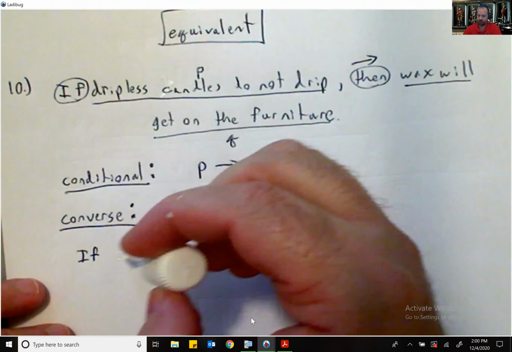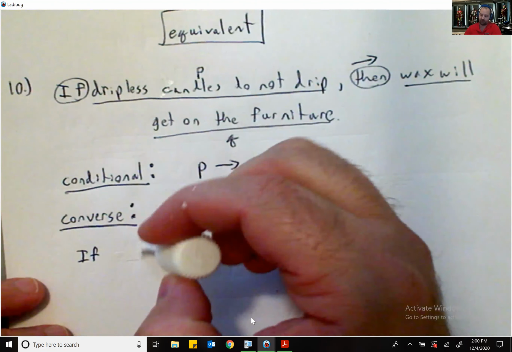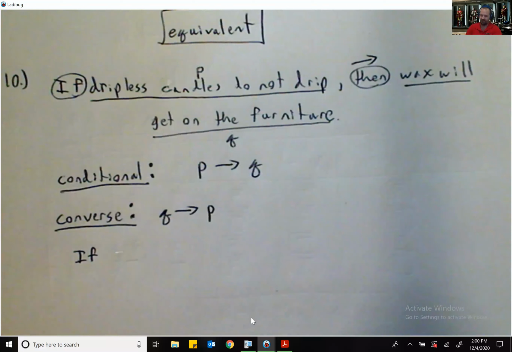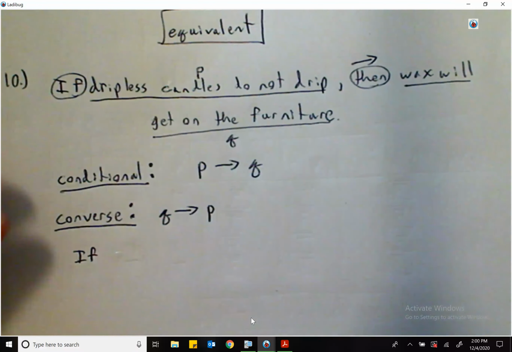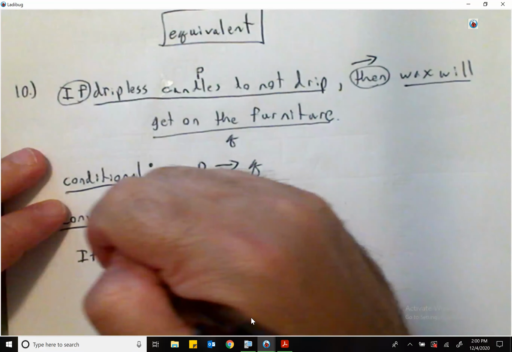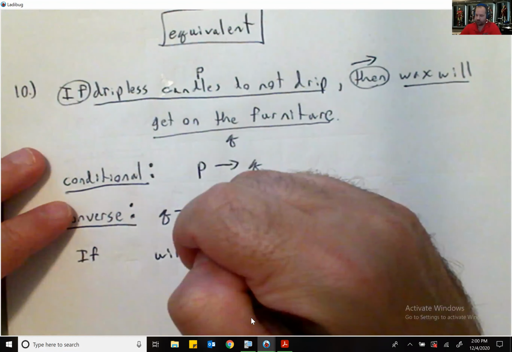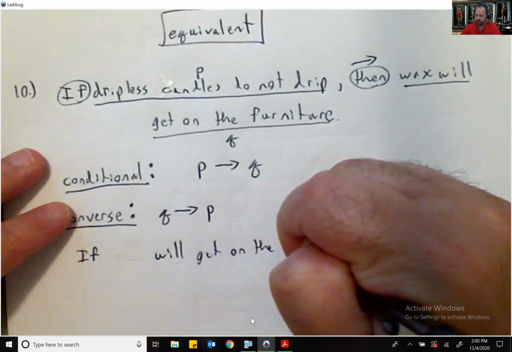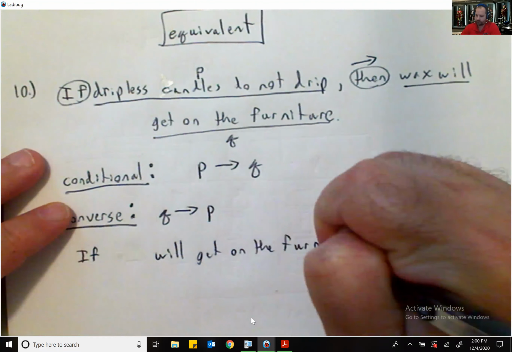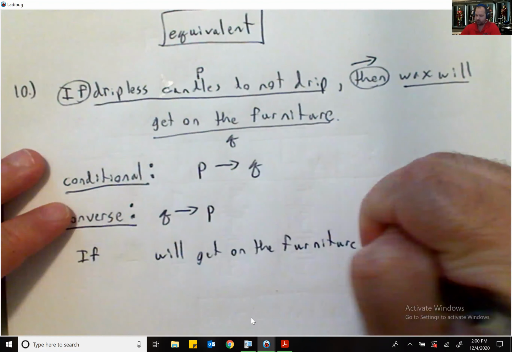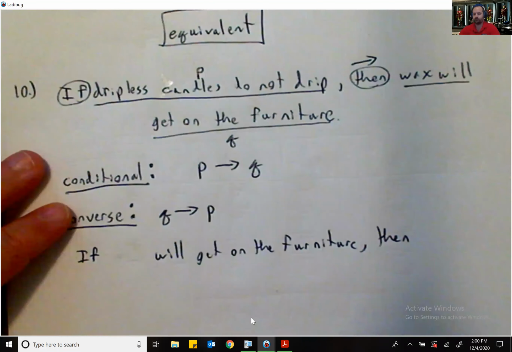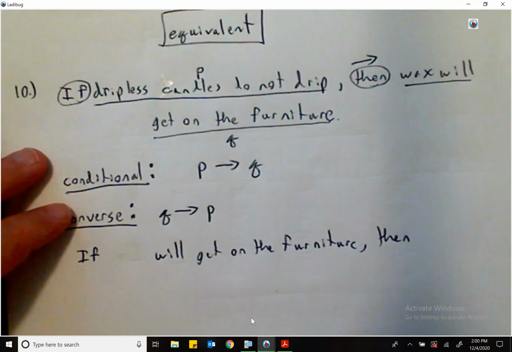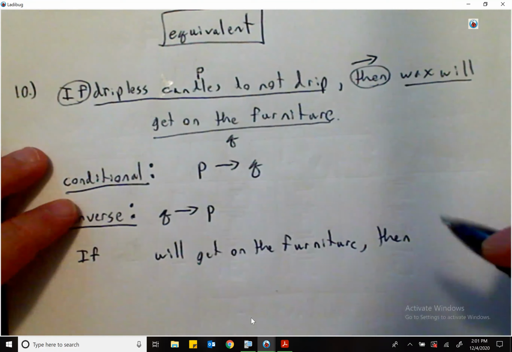I know it seems weird. Then what? Dripless candles do not drip. There you go.